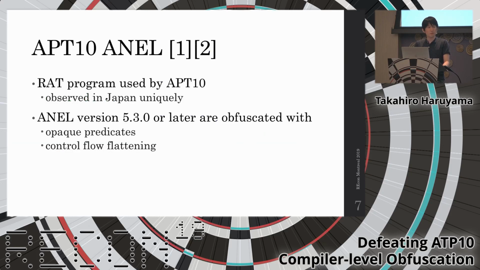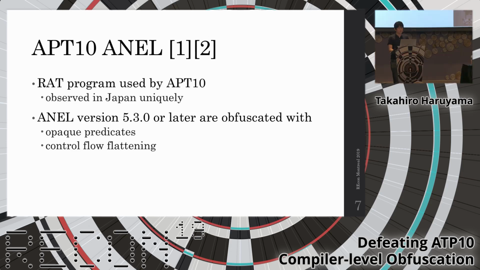The code was seen in APT10 ANEL samples. That is a RAT program observed uniquely in Japan. According to SecureWorks, recent ANEL samples are obfuscated with those obfuscations.